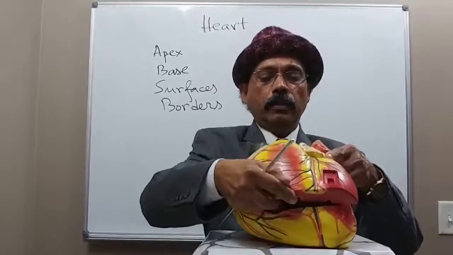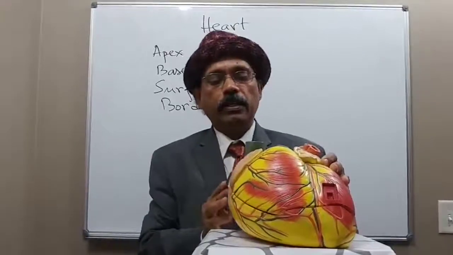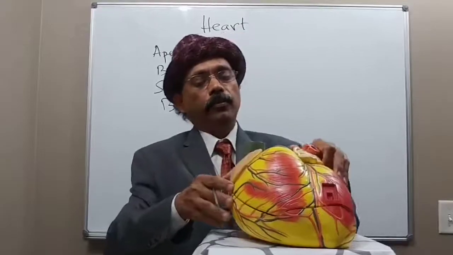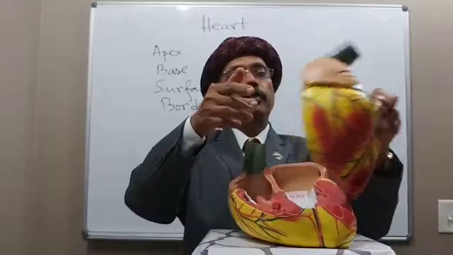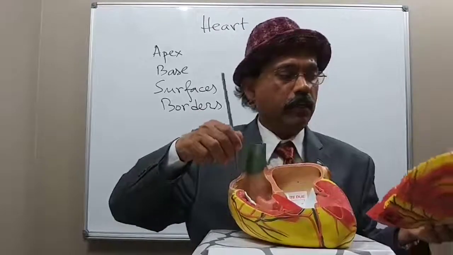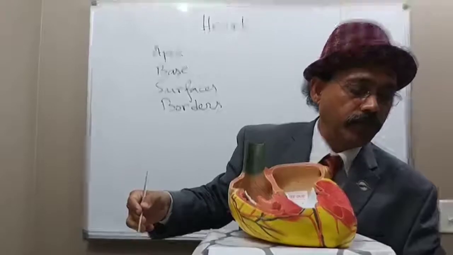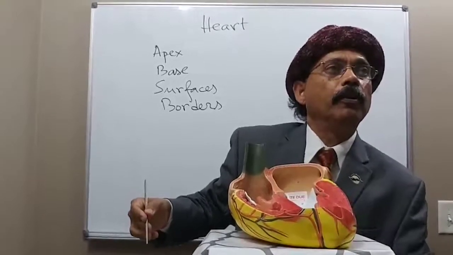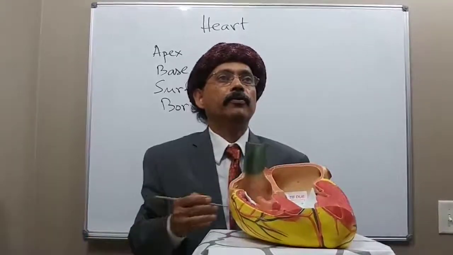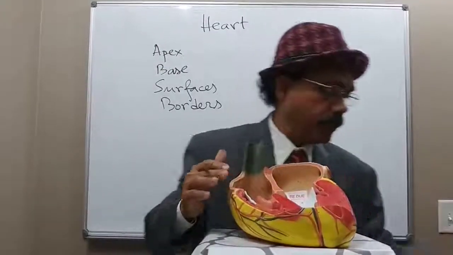So this is the right atrium, right auricle. On the anterior aspect of the right atrium and extending to the auricle, we have the pectinate muscles. It is also present in the left atrium.